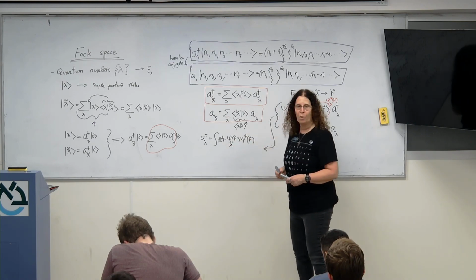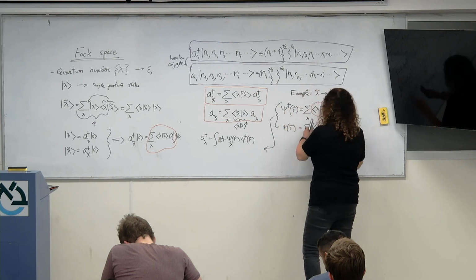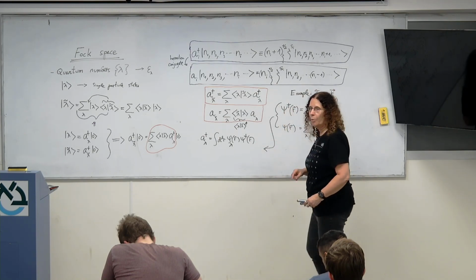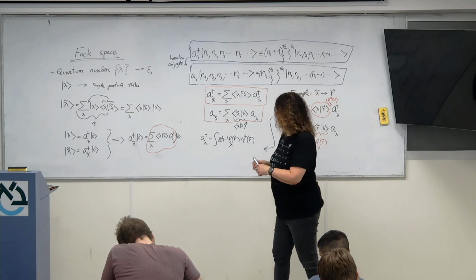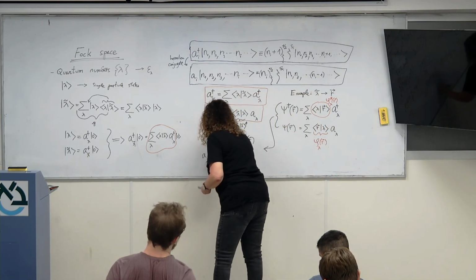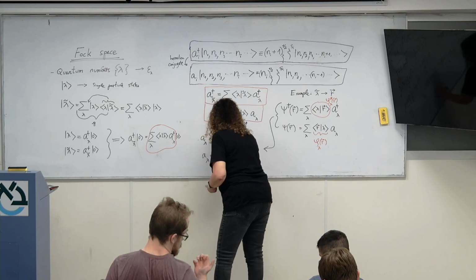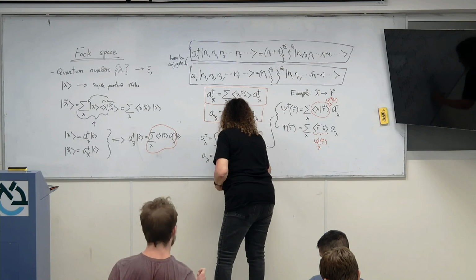Because it's the inverse, you have to do the inverse transformation and then it gives you the complex conjugate of the coefficient. And similarly, A lambda is going to be an integral over R of phi lambda star R psi.